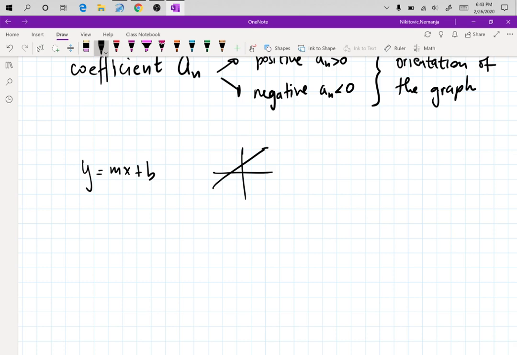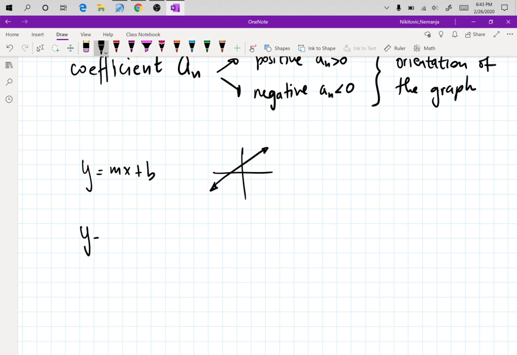What do we notice here? We notice that one side of the graph goes forever up, and the other side of the graph goes forever down. Do we see that? That's what these arrows are for, right? So left side goes down forever, right side goes up forever.